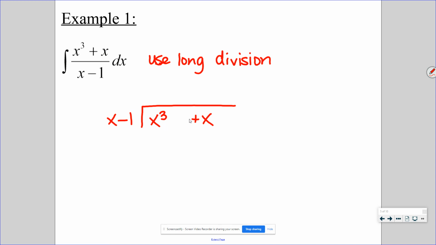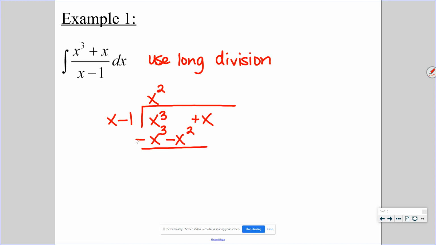Notice I left a blank space here because I don't have any x squared terms. So I'm going to start with x times what is x to the third? That would be x squared, so that goes up here. And then I'm going to take x squared and multiply it through the x minus 1. So x squared times x would be x to the third. And x squared times negative 1 would be negative x squared.